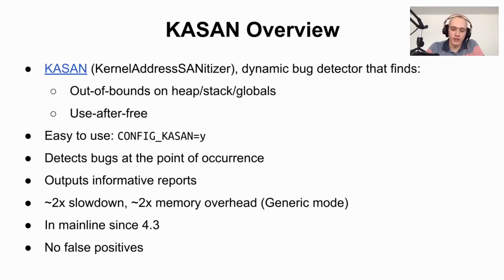When it detects a memory corruption, it's going to print a report like this: this address was involved, this object was involved, here's the call trace, here's where the object was allocated, here's when the object was freed in case it's a use after free, and all information like that. And it actually has a very moderate slowdown and memory overhead, so you can use it for testing, no problem.